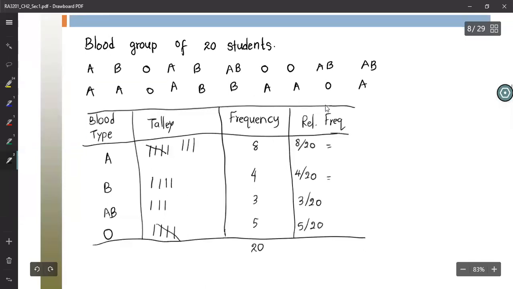Can you all find the relative frequency for me? For A, B, AB, and O. Find the 4 values and tell me.